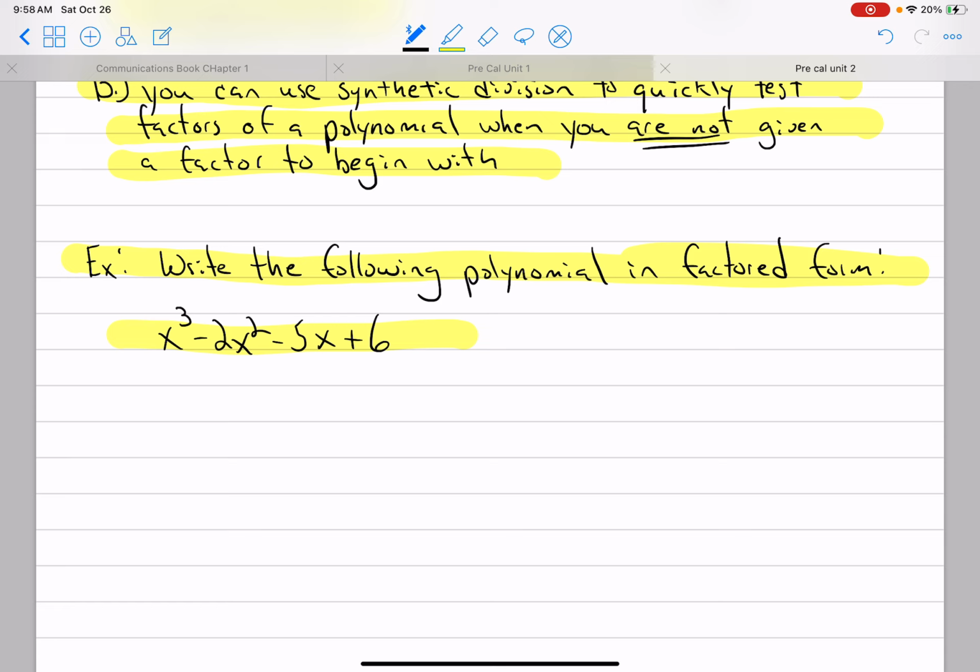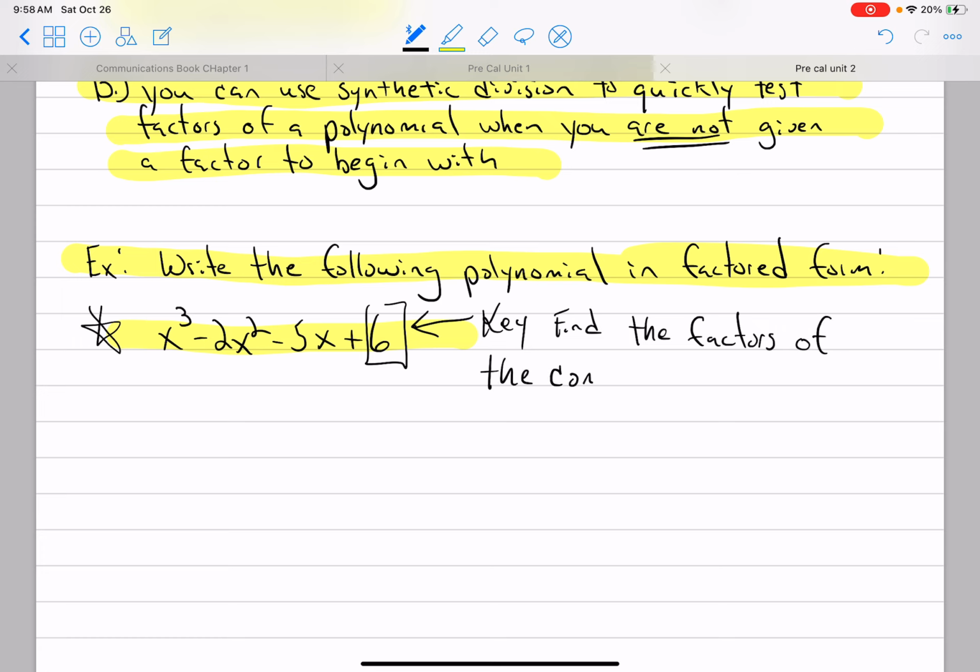So the key, on these more simple ones, is the constant. 6 is the key. So I need to find the factors of the constant term. And that constant term is 6.